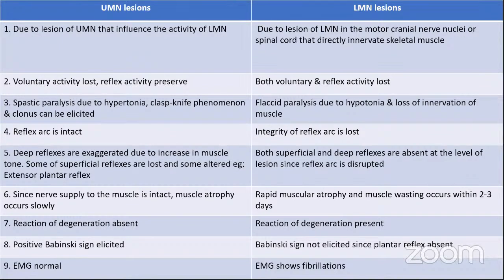It mainly depends on the lower motor neuron, so it is lost in LMN lesion. Both superficial and deep reflexes are absent at the level of lesion since reflex arc is disrupted. Next, rapid muscular atrophy and muscle wasting occurs within 2 to 3 days.